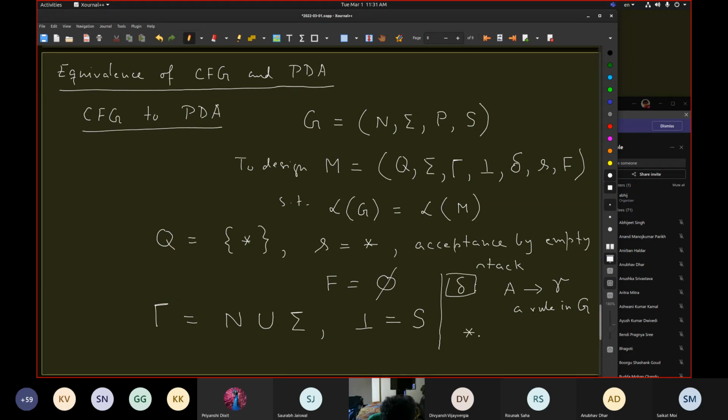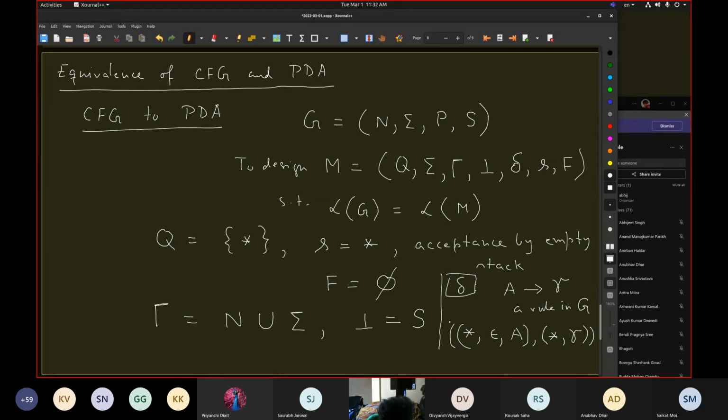Anyway, the state does not change. Read nothing from the input. If A is on the top of the stack, the state anyway does not change, it is always the single state. Replace A by gamma. I will soon give you an example to illustrate that this makes sense.